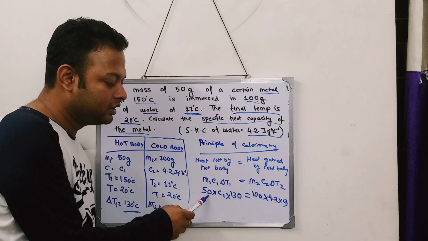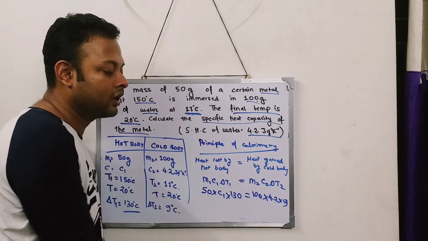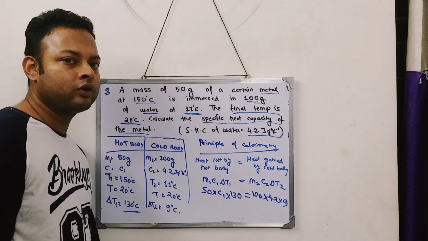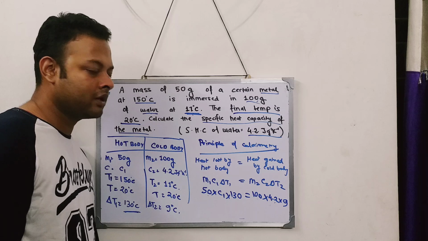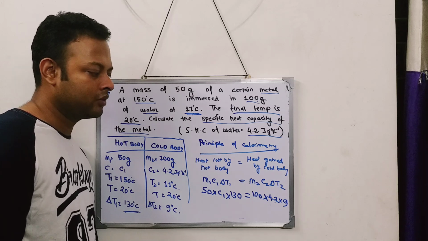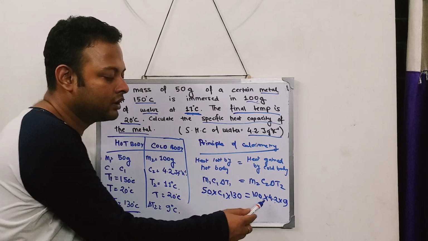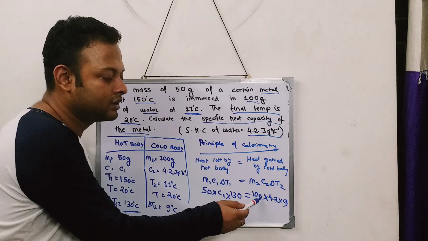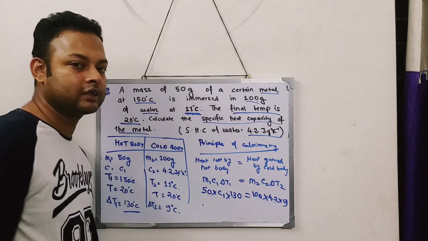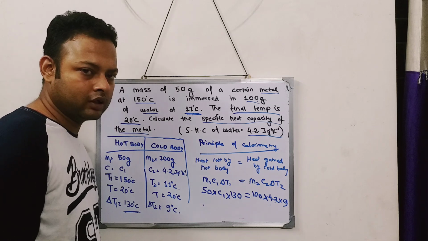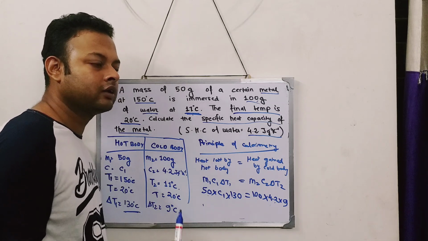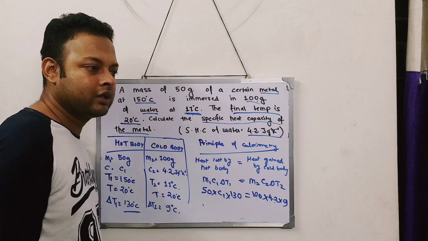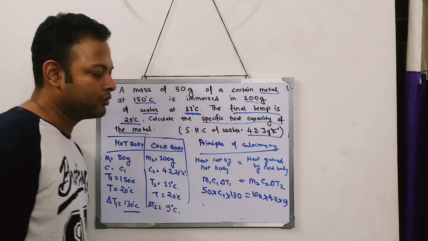But since all of them are in the same unit, gram, gram, gram, I don't need to change. If you want, you can multiply and divide by 1000: 50 by 1000 and 100 by 1000, and the 1000 and 1000 get cancelled. So no need to convert, because if all of the terms are given in the same unit, try to keep it in the same unit.